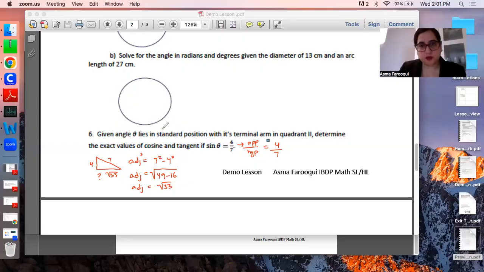So once we have all the sides of the right angle triangle, now of course we can find what they want us to find, cos and tan. Then cos, I'm just going to use this space here.